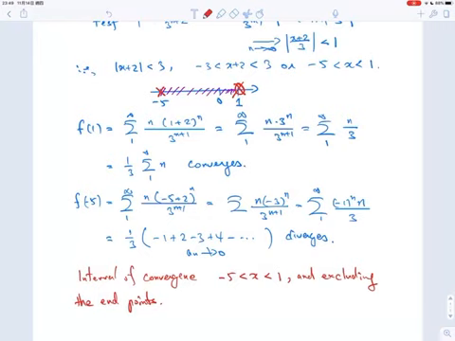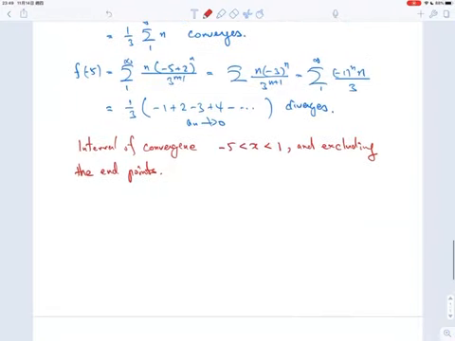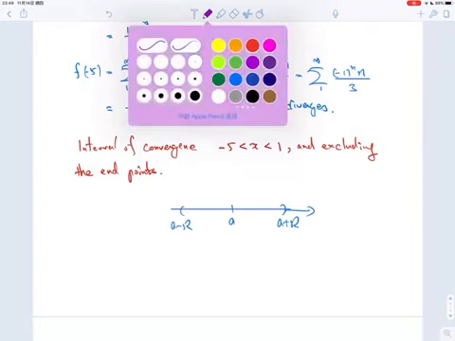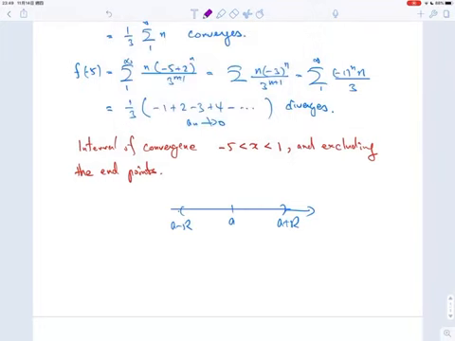And before we end, I would like to comment on the terminology of why it is called radius of convergence. So let's say this is A, and you would have A minus R and A plus R. Actually, in the 19th century, mathematicians already knew there is a circle within which the series will converge.